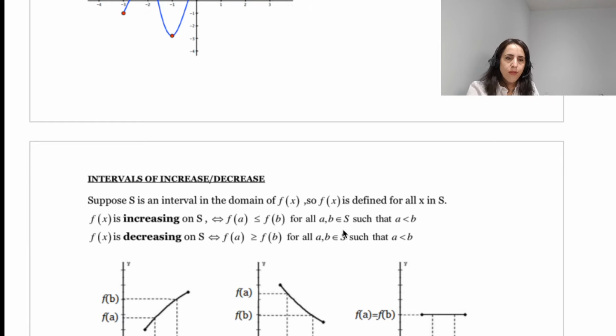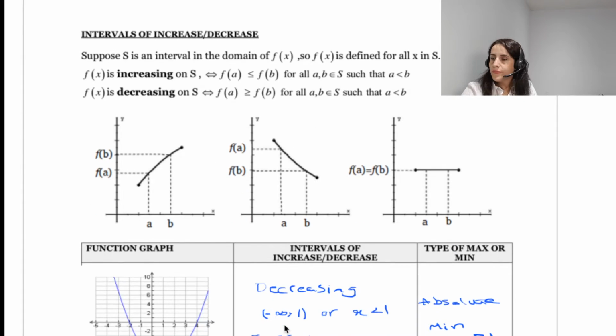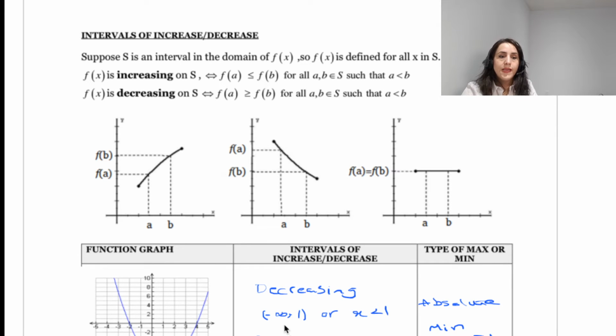Okay, we are going for increasing and decreasing intervals. Suppose S is an interval in the domain of f of x, so f of x is defined for all x values in S. f of x is increasing on S if, and "if" means it's a two-sided if, f of a is less than f of b for any values where a is less than b.